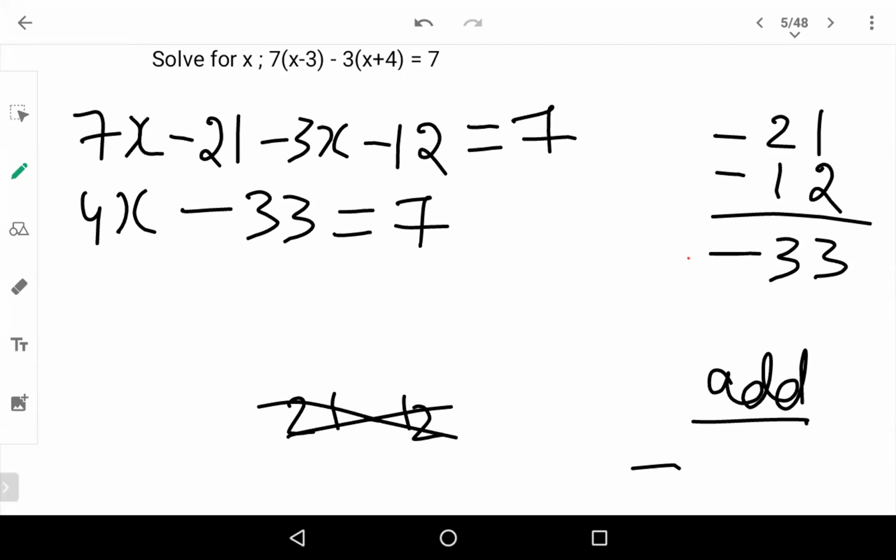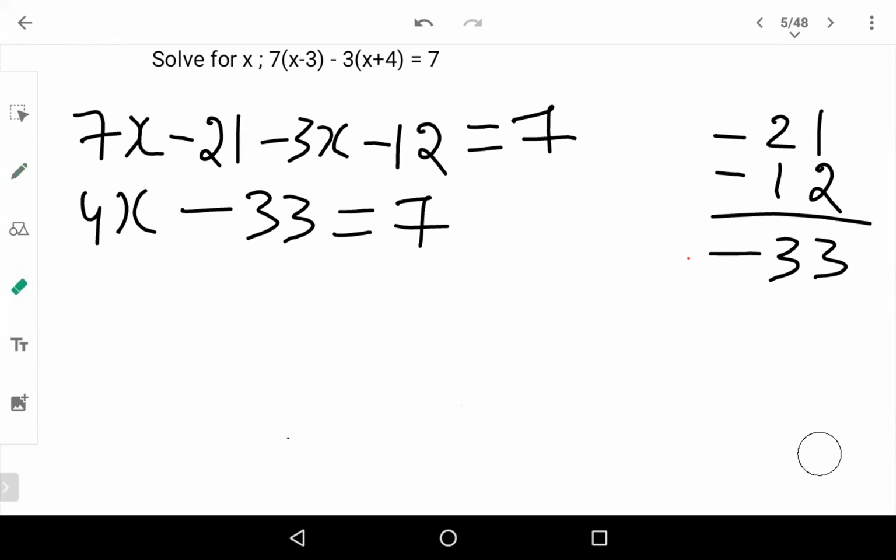Any doubts in step 2? Understood? Everybody understood? Okay. Now, next step is minus 33 to the other side.